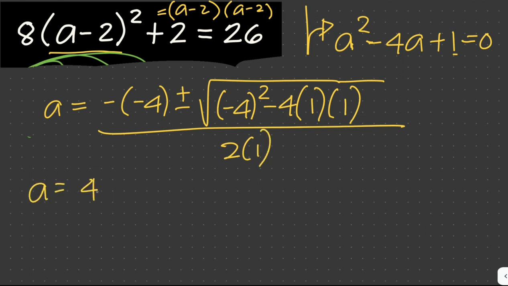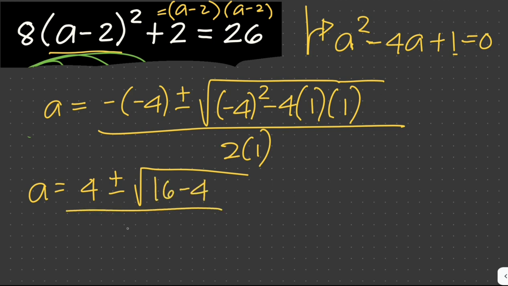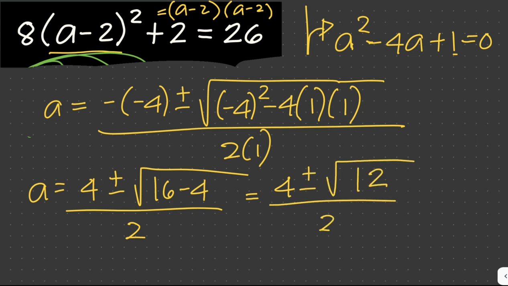So this is just 4 plus or minus the square root of 16 minus 4 over 2. 16 minus 4 is 12, over 2.